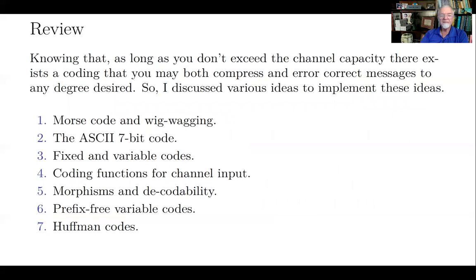So knowing that, as long as you don't exceed the channel capacity, the maximum amount of information that can be transmitted per second, there exists a coding that you may both compress and error correct messages to any degree desired.